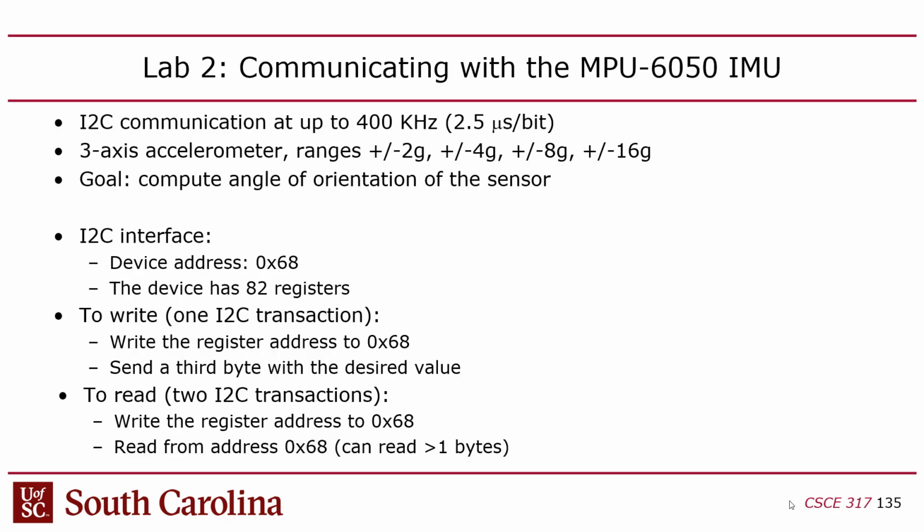UART has standard speeds, but they keep adding faster ones. I2C has standard speeds too, like USB has USB 2 and USB 3. I think the slowest version is 400 kilohertz, the normal speed, and then they have a faster one in megabits. The one we're going to be using is 400 kilohertz, which is 2.5 microseconds per bit.